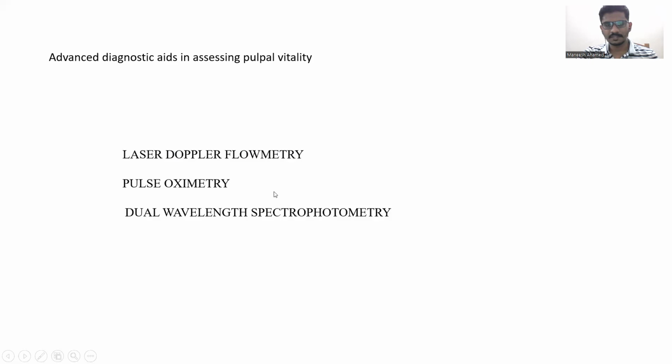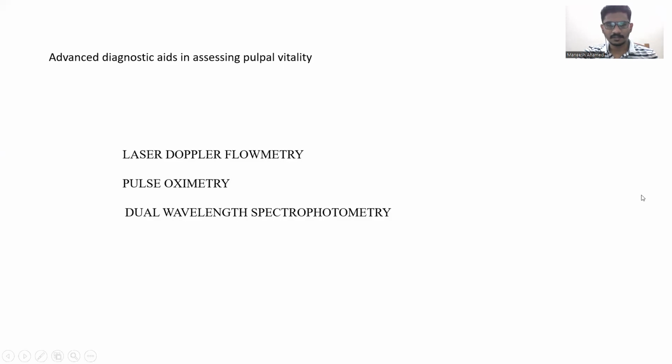Pulse oximetry measures the oxygen saturation of the blood and will determine whether the tooth is vital or not. And dual wavelength spectrophotometry is similar to laser Doppler flowmetry. It uses two wavelengths and measures the rate of oxygenation and the hemoglobin present in the pulpal blood.